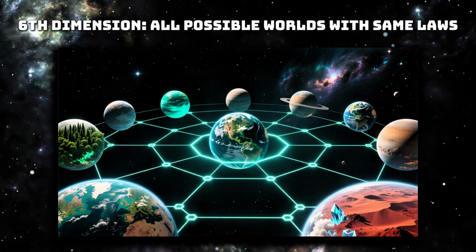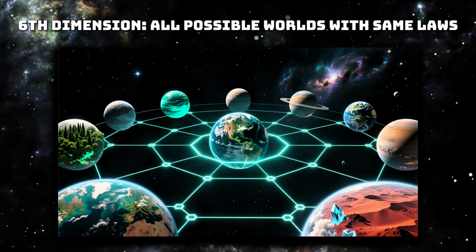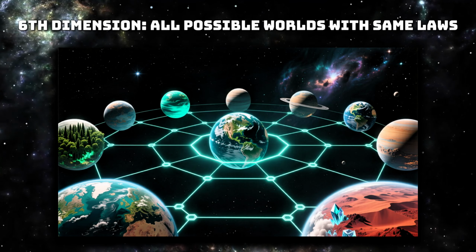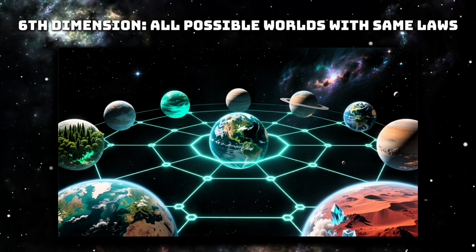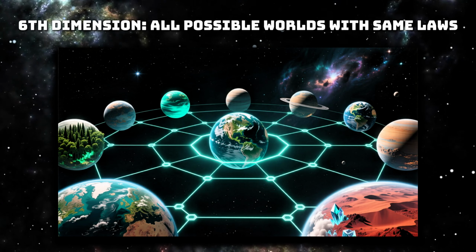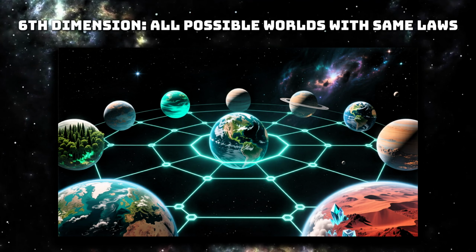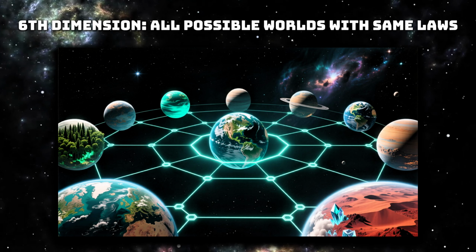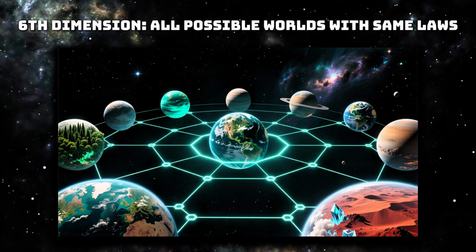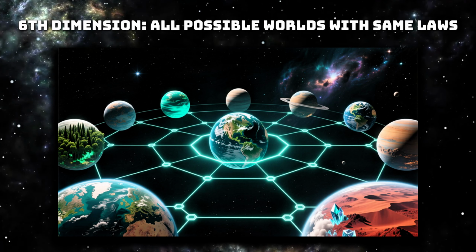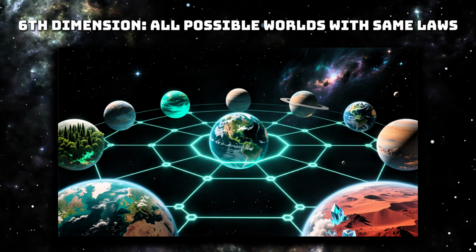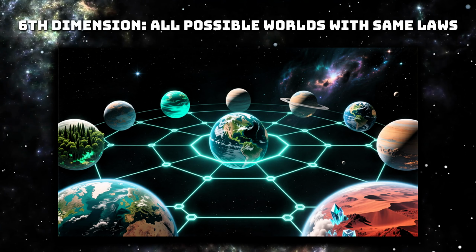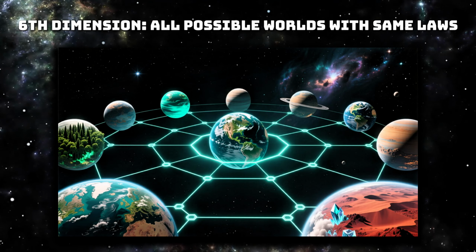Every biological and evolutionary pathway depends on a chain of events. In 6D, each different chain is a separate universe because every slight variation in environmental conditions can lead to completely different outcomes over millions of years. The laws of biology remain the same, but the story of life changes dramatically.